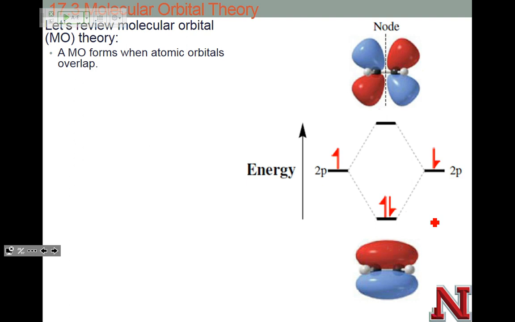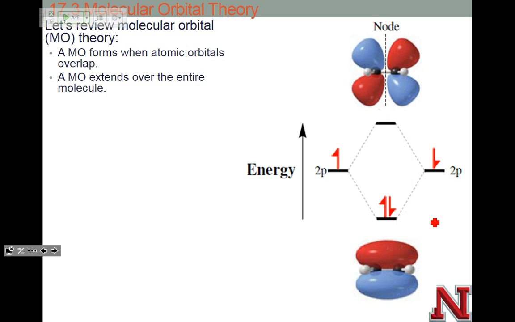So our molecular orbitals are describing the entire molecule. Our atomic orbitals are describing just the atom's orbital. So here, if we're looking at the double bond overlap for just the pi bond, and this is also going to be key, we can look at just the outermost orbital.